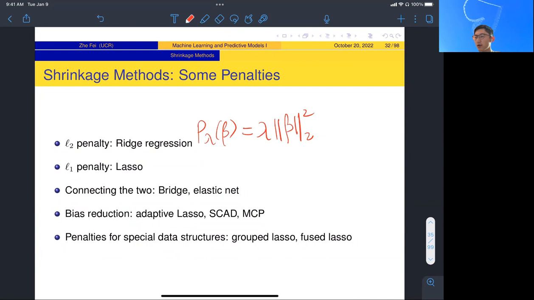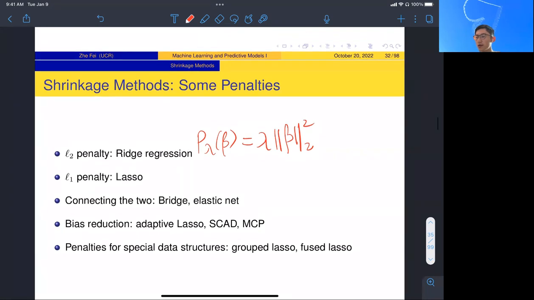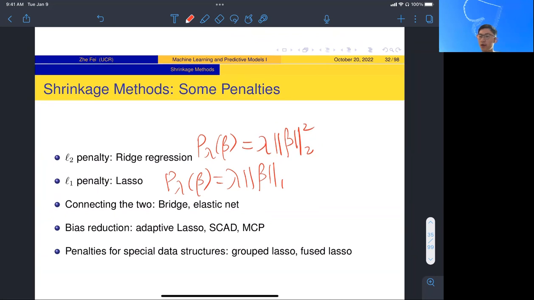So if this is new to you, let me just finish the writing here first. For the L1 penalty, the only difference is that we would consider the L1 norm for beta, and that's corresponding to the lasso. The L1 and L2 norm are just mathematical definitions, because beta is a vector here.